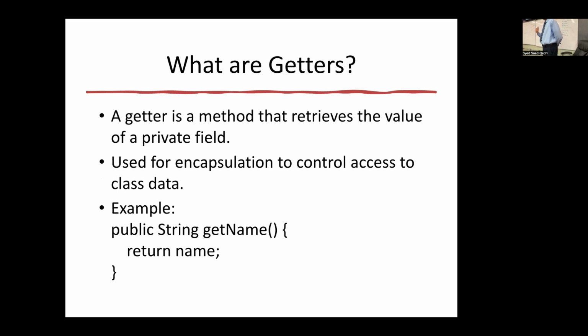If I'm returning a y coordinate, public int get y, return y. Whatever. So you only return one property in each getter. If I'm returning a student ID, I'll say public string get ID, return ID. If I'm returning that person's score, I'll say public double get score, return score.